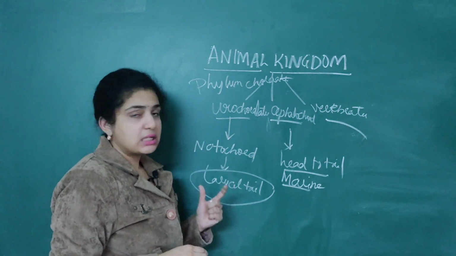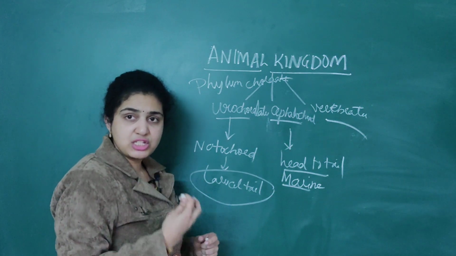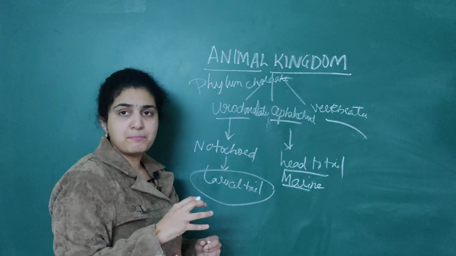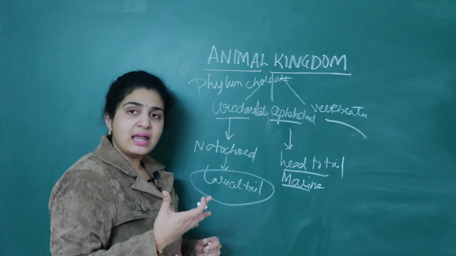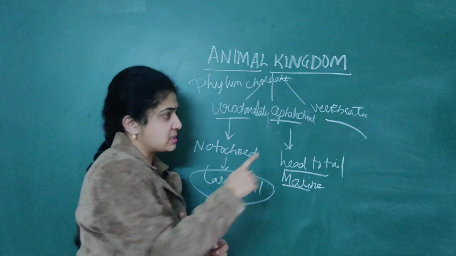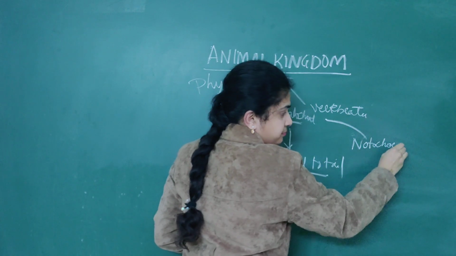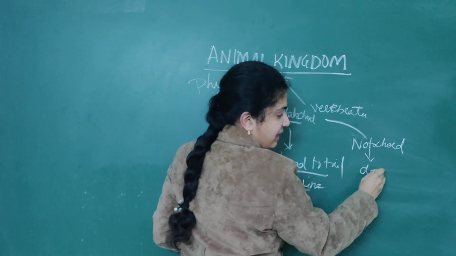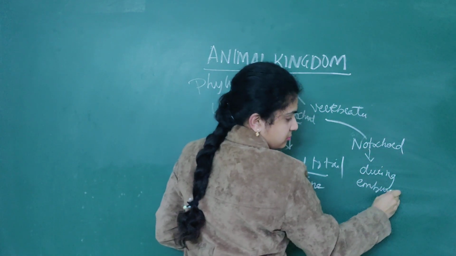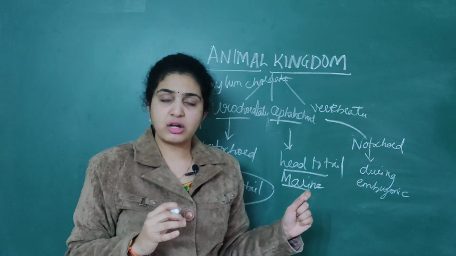Next, the third is vertebrates. The specific feature of vertebrates is that the notochord is present only during embryonic development. Later, in the next stage, it is not persistent. Only during the embryo stage is this notochord present.